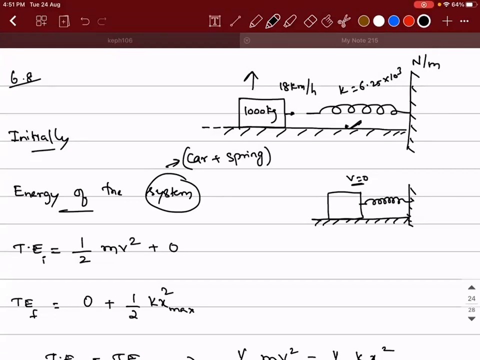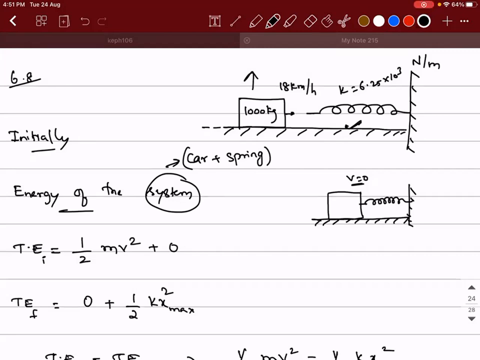Right? Yes, sir. Sir, then kinetic energy of the spring will also be 0. The spring will not have any kinetic energy because it's a massless spring. Any object will have kinetic energy only when its mass is there. The spring that you are considering, nowhere would they have spoken about mass.